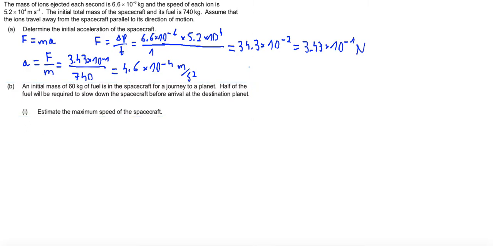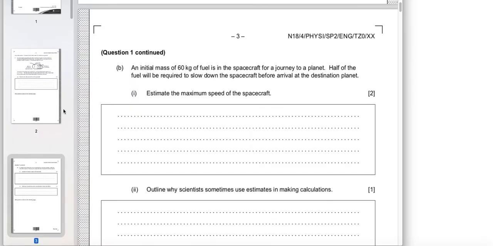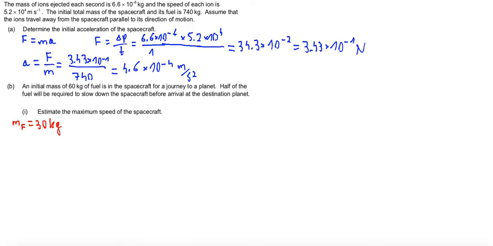The question is about the maximum speed. We know that in 1 second, the amount of fuel released is 6.6 times 10 to the power of minus 6 kilograms, so we can calculate the number of seconds, the length of the journey, if we know that 30 kilograms of fuel is needed to accelerate.